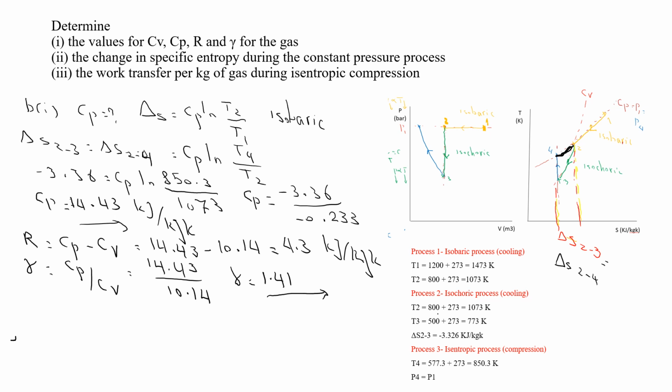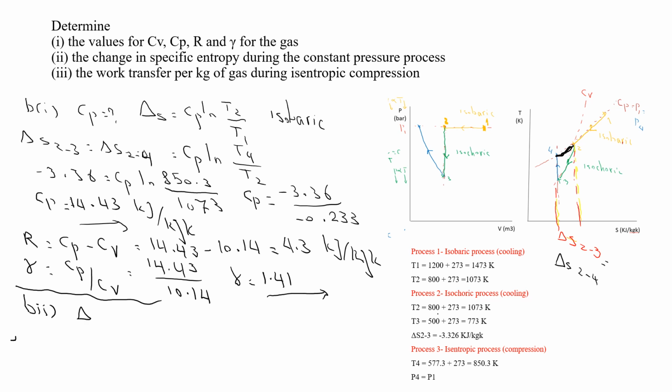So now B2 is asking about the change in specific entropy during a constant pressure process. So constant pressure process, that means the isobaric process.